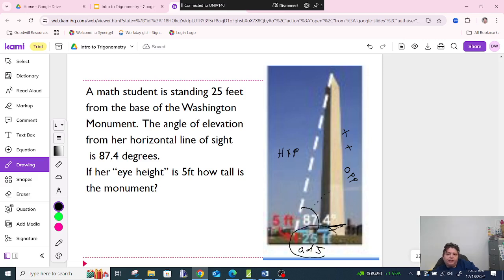So you have adjacent, you're looking for opposite, right? What function is opposite and adjacent? Tangent. Then it'd be tangent of 87.4 is equal to x, opposite, over 25.